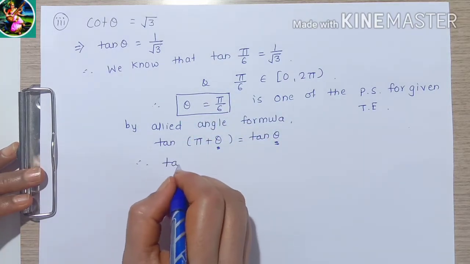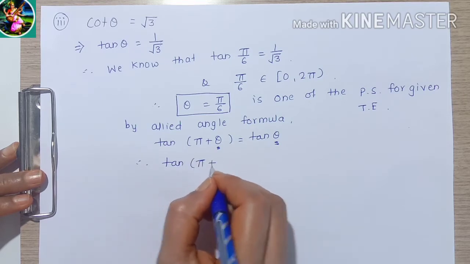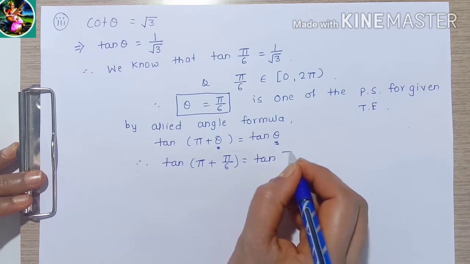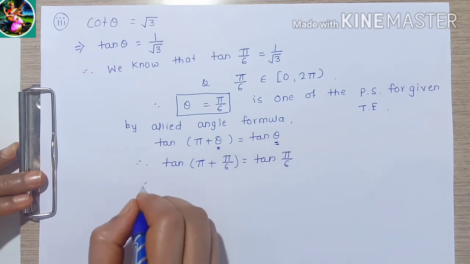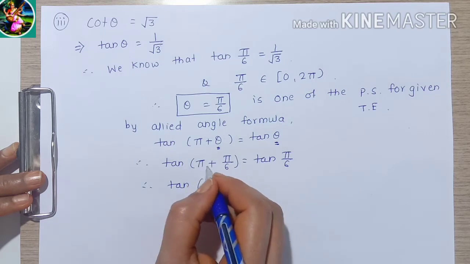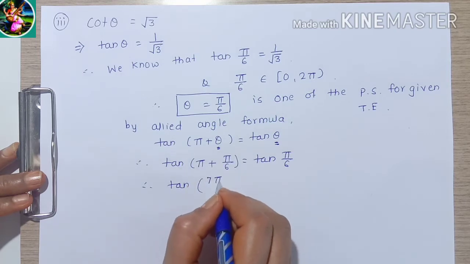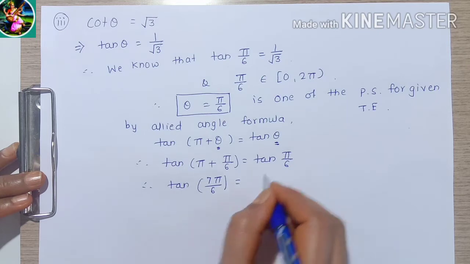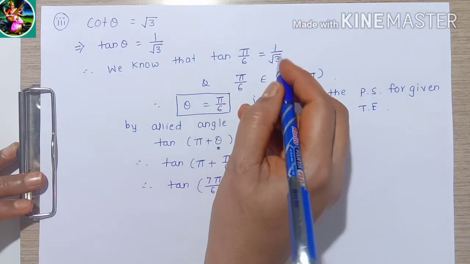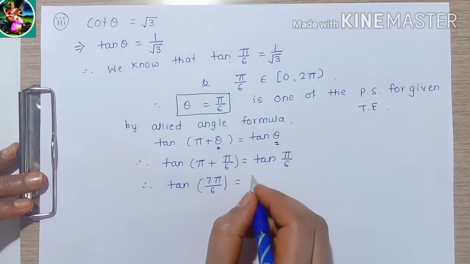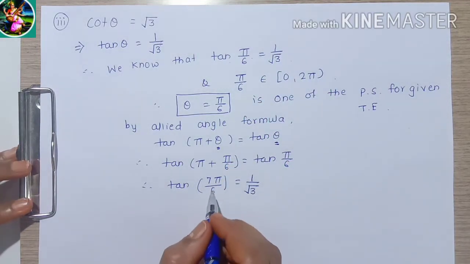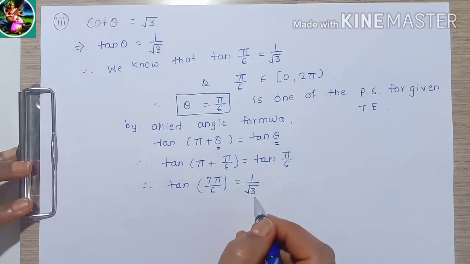Therefore, tan of pi plus pi by 6 is equal to tan of pi by 6. Therefore, tan of, here we take cross product, 6 pi plus pi, that is 7 pi by 6 is equal to tan pi by 6, and the value of tan pi by 6 is 1 upon root 3. Here we substitute 1 upon root 3. Therefore, tan of 7 pi by 6 is also 1 upon root 3.